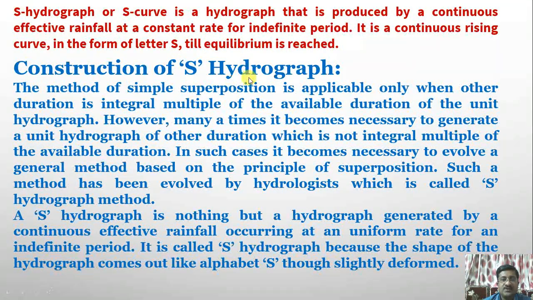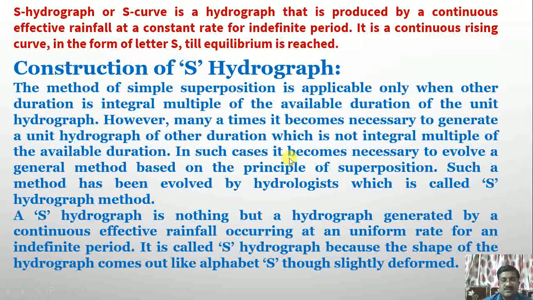Construction of S hydrograph. The method of simple superposition is applicable only when the other duration is an integral multiple of the available duration of the unit hydrograph. However, many times it becomes necessary to generate a unit hydrograph of another duration which is not an integral multiple of the available duration.